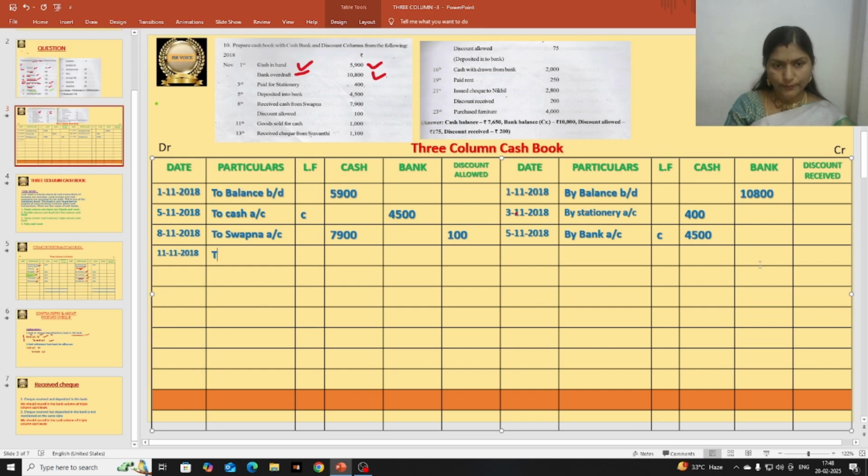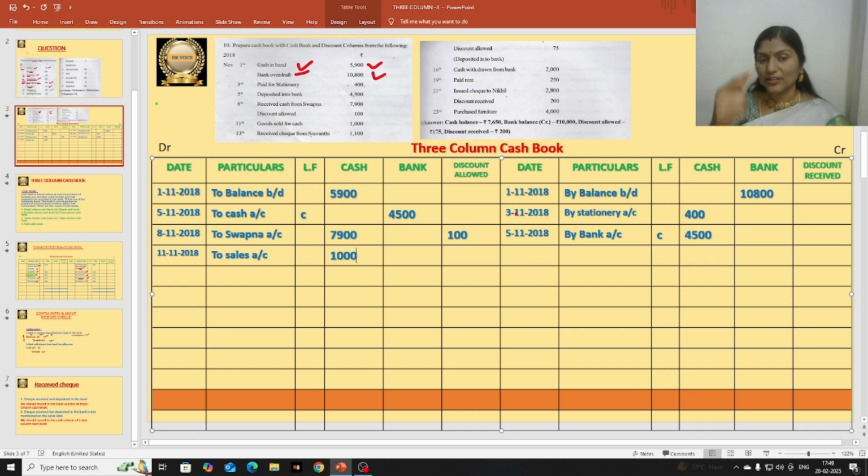To sales account. Since this is a cash sale, we will put the amount in the cash column. Amount is 1,000. You can see the question on the top, so that you can understand the solution, why I am writing what I am writing.